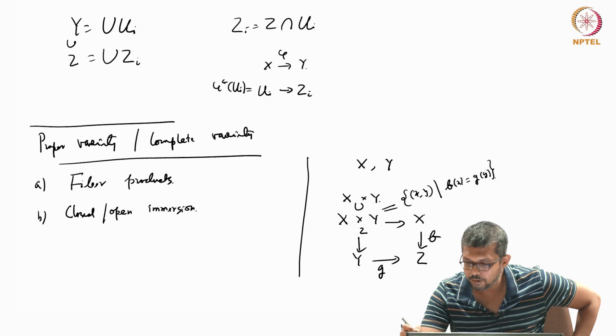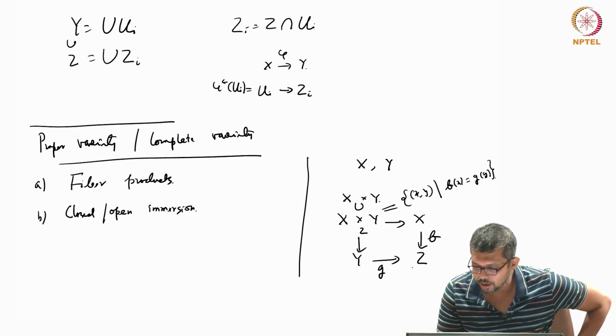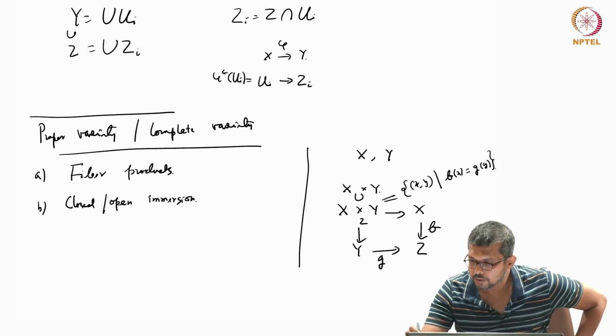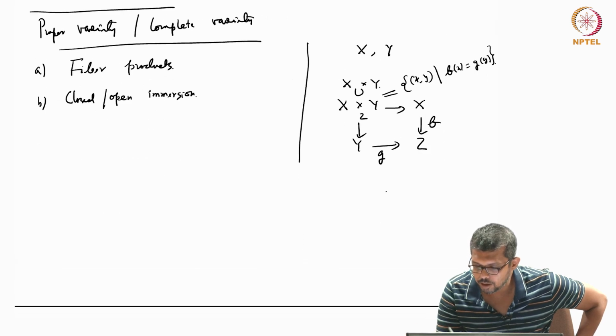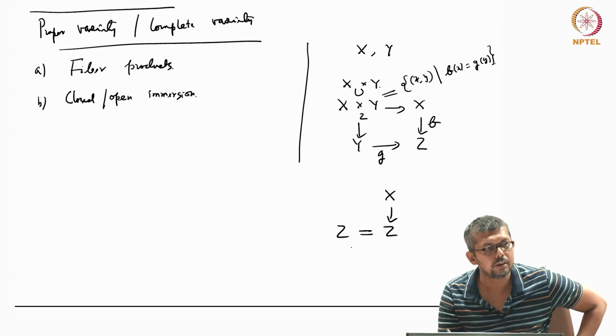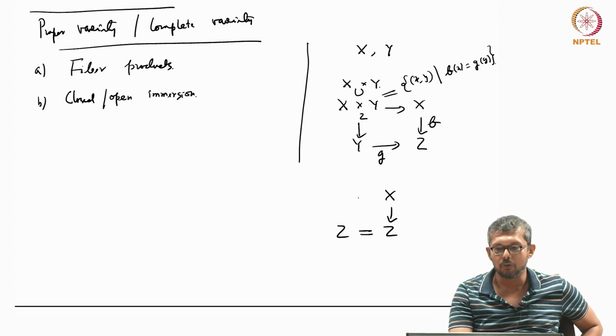In particular, if I take, for example, f: X to Z and the identity map Z to Z, then what is the fiber product?